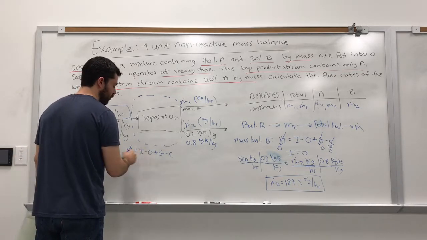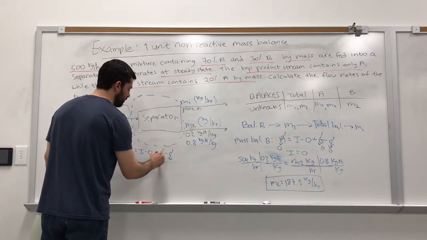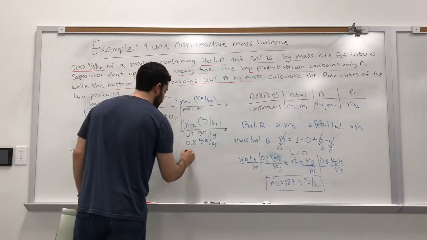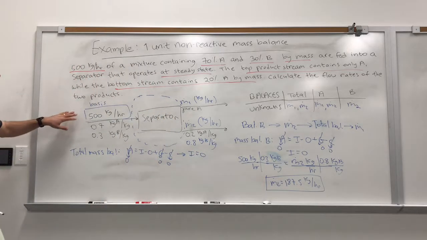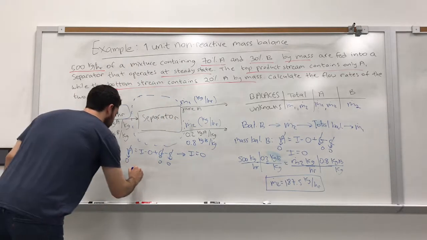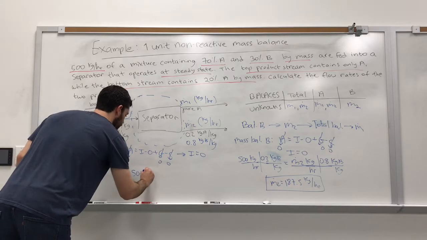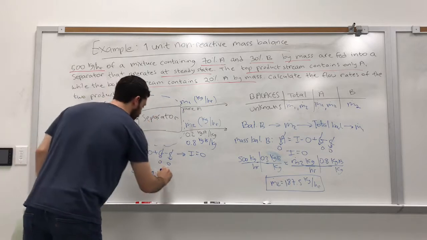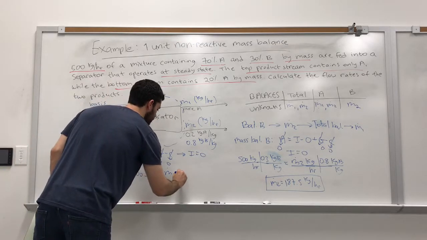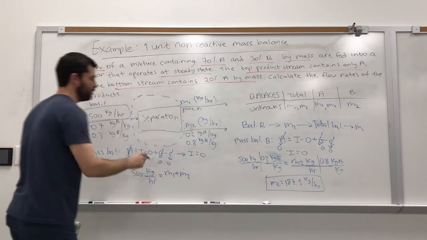So again, there's no accumulation because of steady state, and it's a non-reactive system, so both of these equal 0. So again, in equals out. Now we're looking at the total balance, so the in is 500 kilograms per hour. And that's going to equal M1 in the top stream plus M2 in the bottom stream.